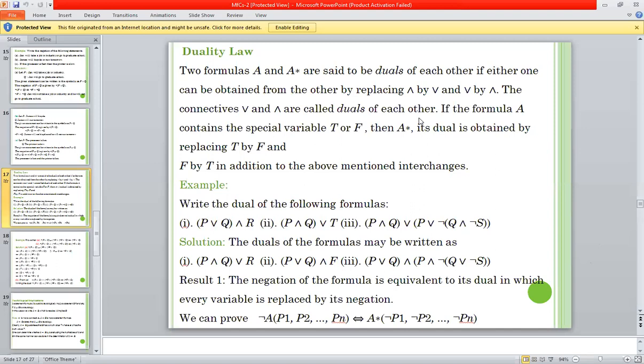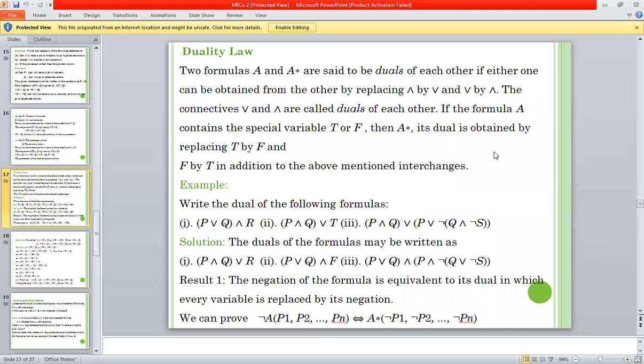So in place of "and", we replace "or"; in place of "or", we replace "and"; in place of true, we replace false. This is called duality law. If the formula A contains the special variable true or false, then A star, its dual, is obtained by replacing true by false and false by true, in addition to the above mentioned interchanges. So here, only the conjunction and disjunction operators are mentioned, and here true by false and false by true.